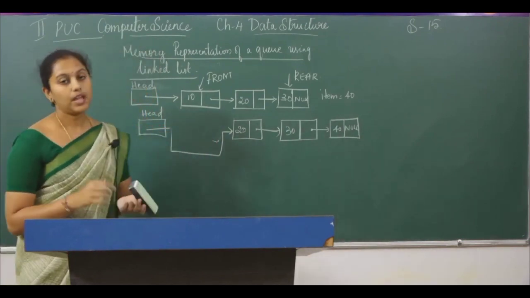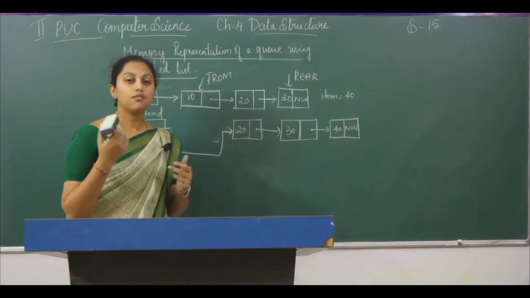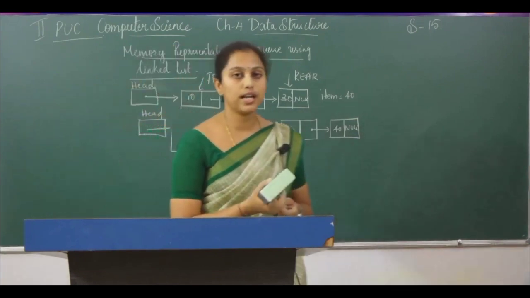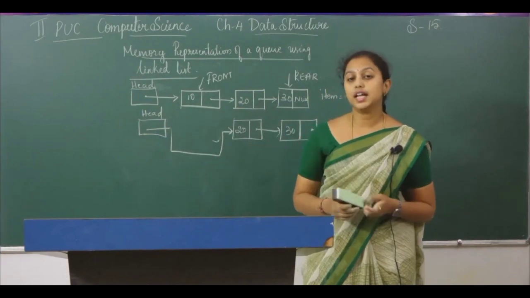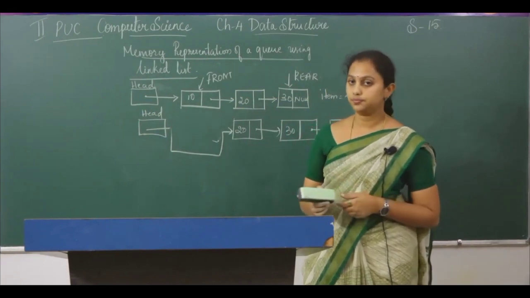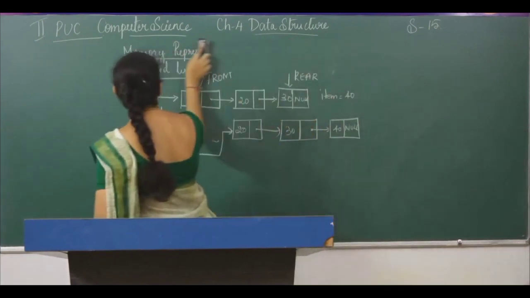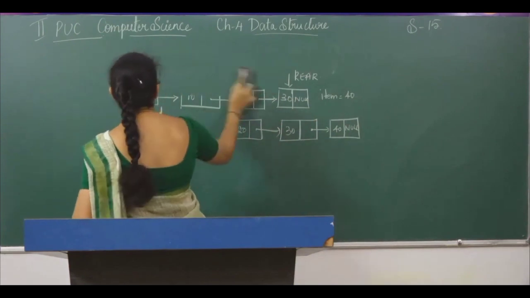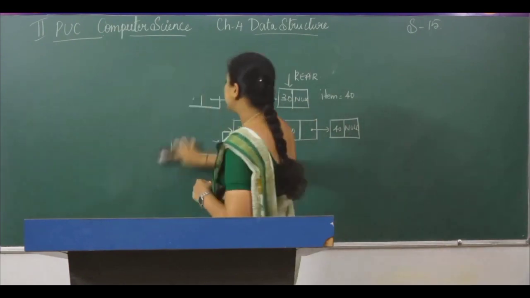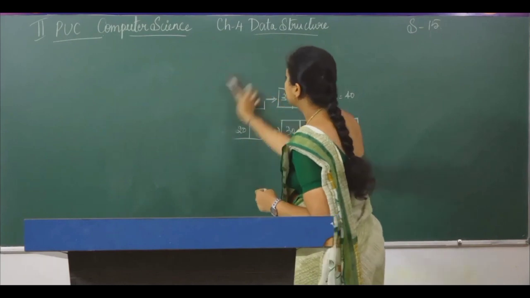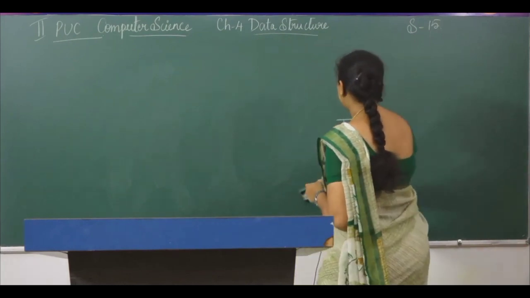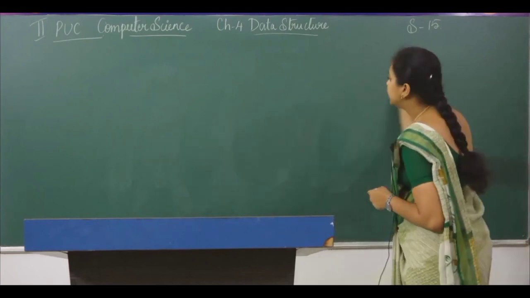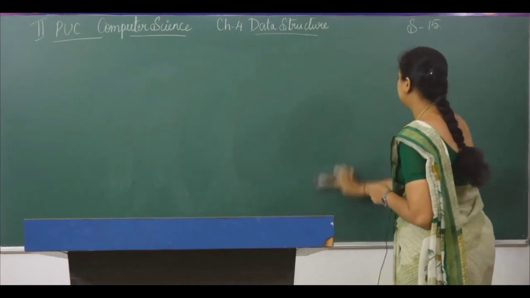Now let's see an algorithm for how to insert an item into the queue as well as how to delete an item from the queue. Insertion of an item is nothing but the enqueue operation and deletion of an item is nothing but the dequeue operation.